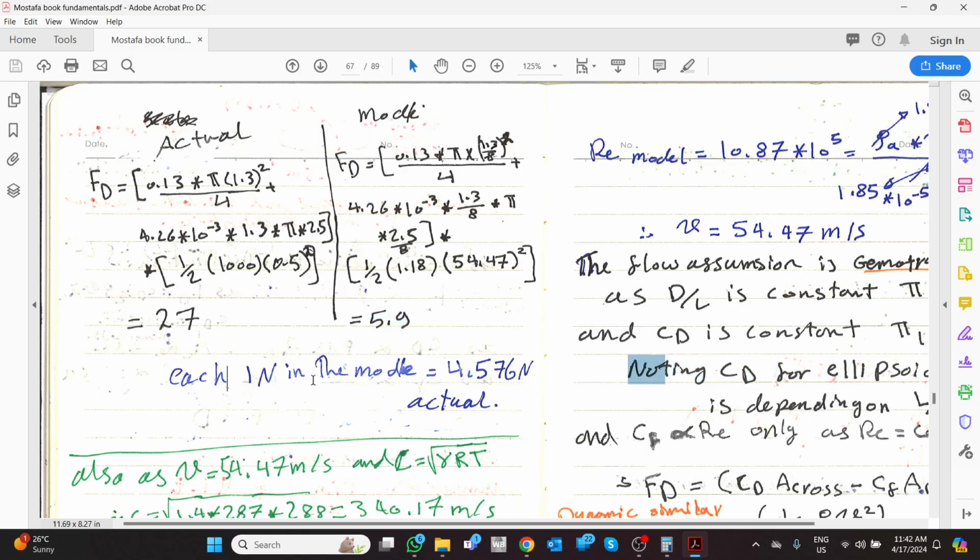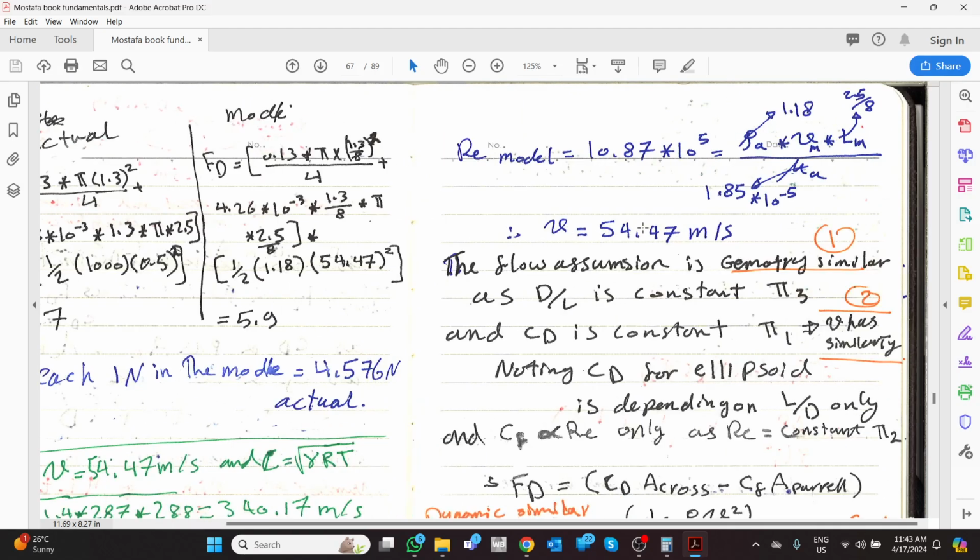So each 1 Newton in the model represents 4.576 Newton actual. This is if you are going from the model and trying to get the speed.